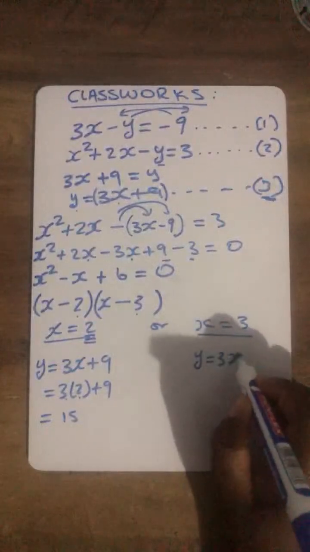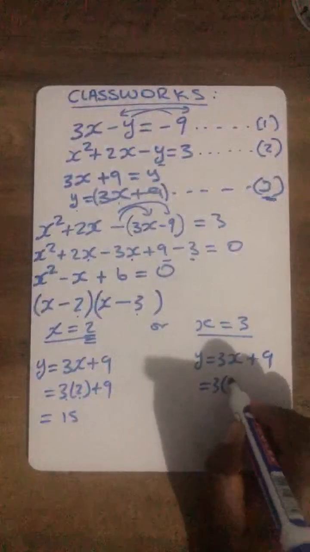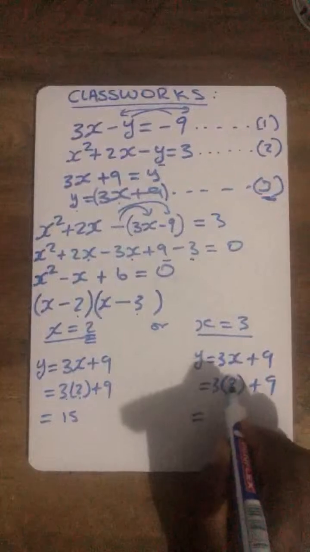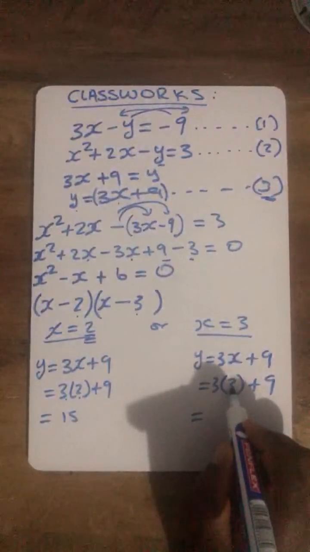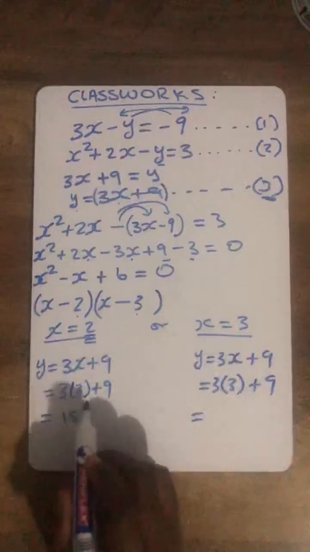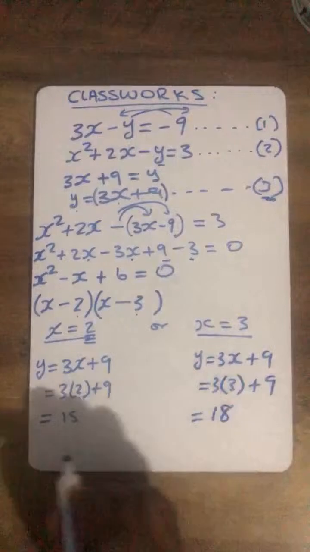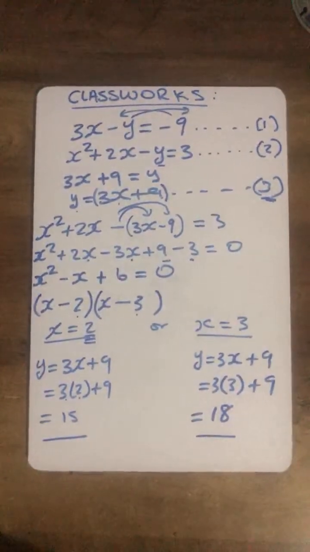You still have 3x plus 9, but here you substitute 3, so that times that is 9. 9 plus 9 is 18. Yes, so those are the other values.